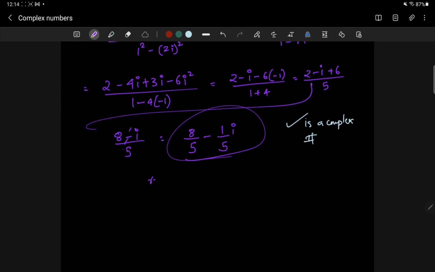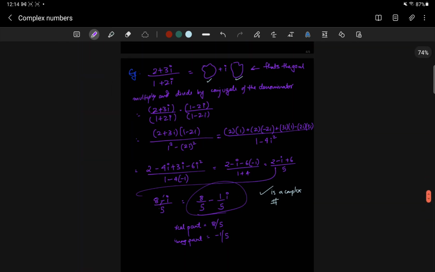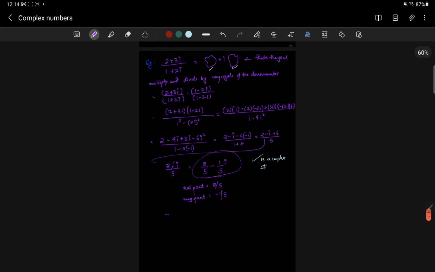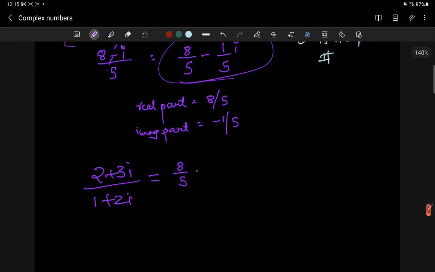And in this complex number, the real part is 8 over 5, and the imaginary part is negative 1 over 5. So this means dividing these gives me this complex number. So the result would be written as 2 plus 3i over 1 plus 2i equals 8 over 5 minus 1 over 5 i.